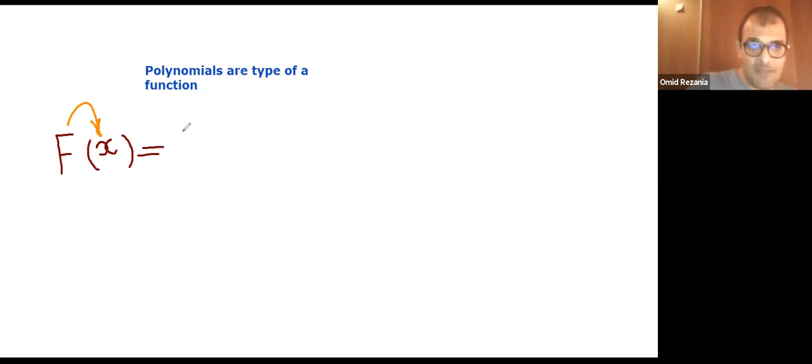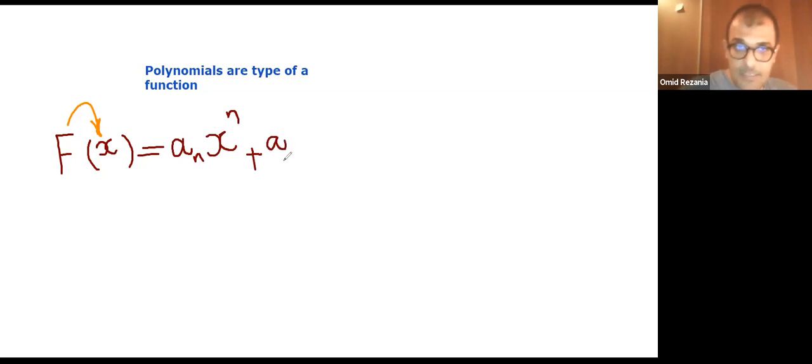I say, for example, a sub-index n, x, the same x, but it goes to the power n, plus a sub-index n minus 1, x to the power n minus 1. I'm going to explain to you what I mean by these a's in just a second. And that's the general format of the polynomials.